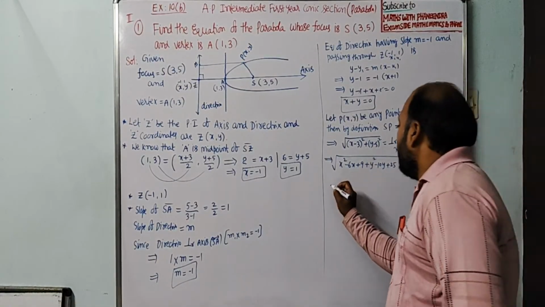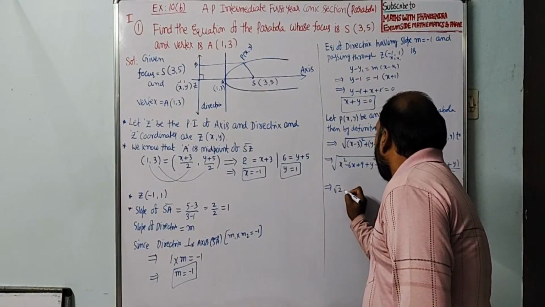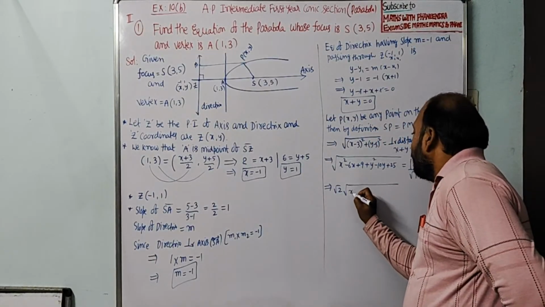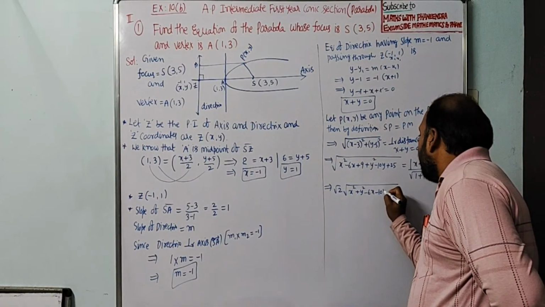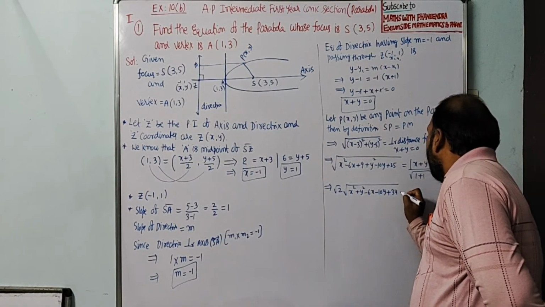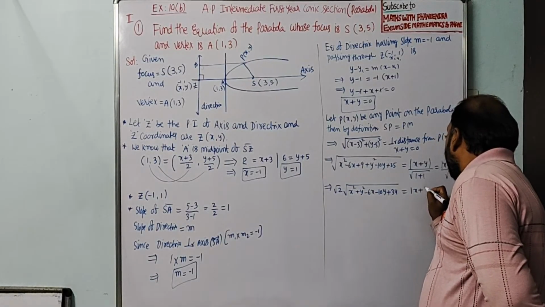Cross multiply and simplify. Root 2 into the square root of x^2 + y^2 - 6x - 10y + 34 equals |x + y|.